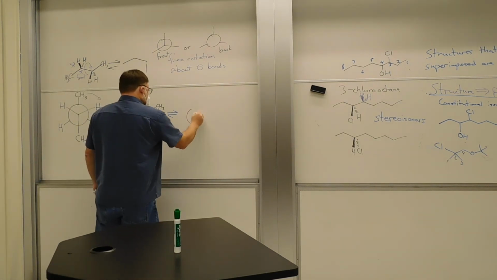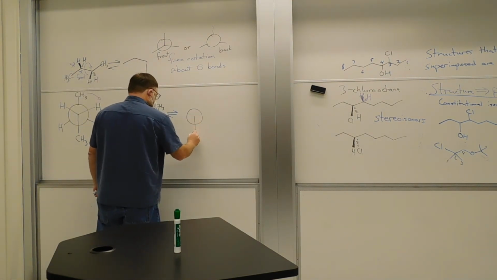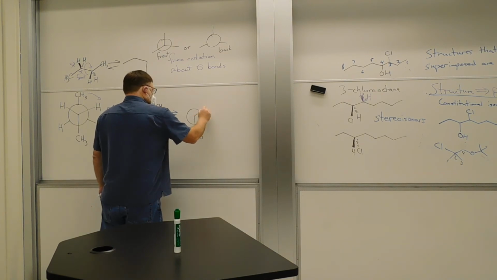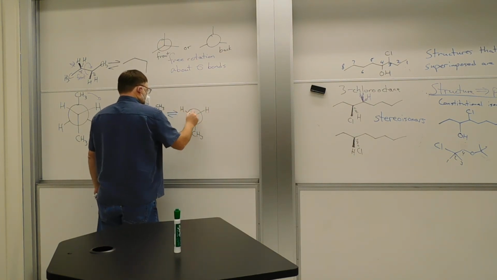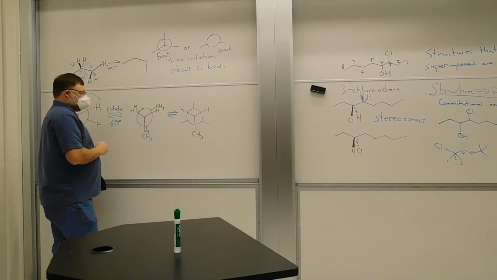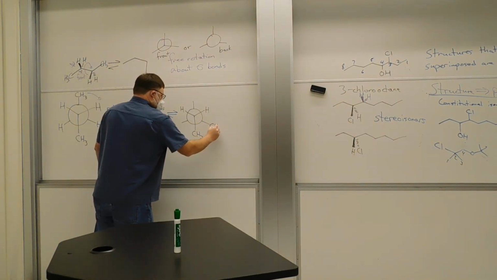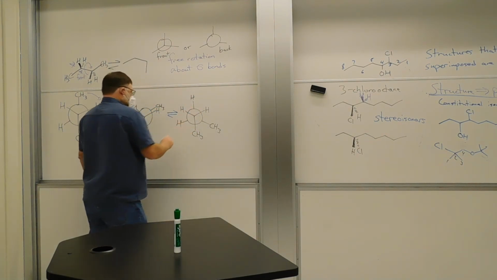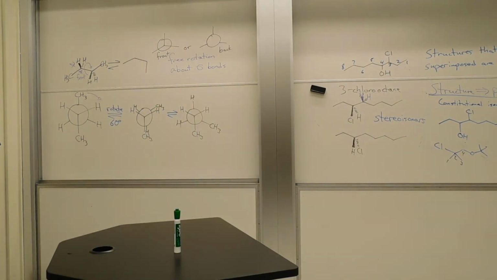So front carbon, like I said, keep the front carbon the same all the way through. You can just draw those in. Now we've got the methyl down here, H's. That's another 60-degree rotation. You can see why we're doing 60 degrees at a time. We go from the bonds being staggered to eclipsed to staggered.